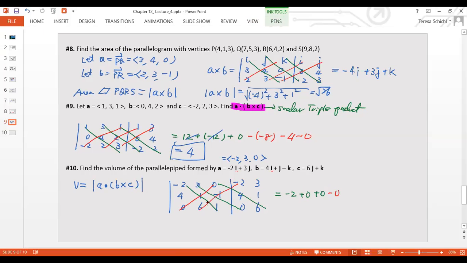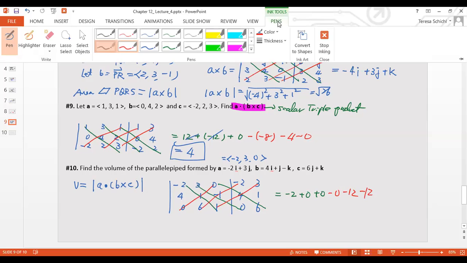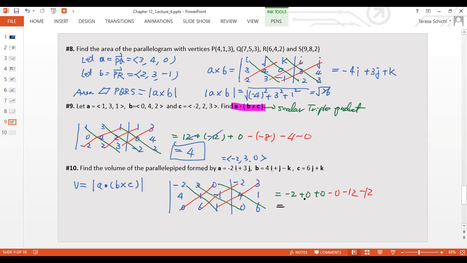So the first is positive 2, then minus 12, and here 3 times 4 times 1 is another minus 12. Now combine and simplify: this is negative 26. The volume is equal to the absolute value, so it's the absolute value of negative 26, which is 26.